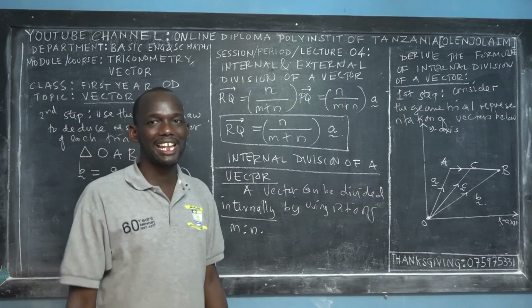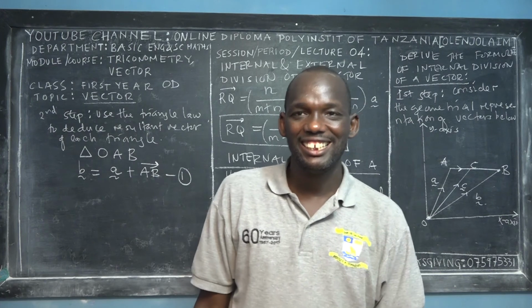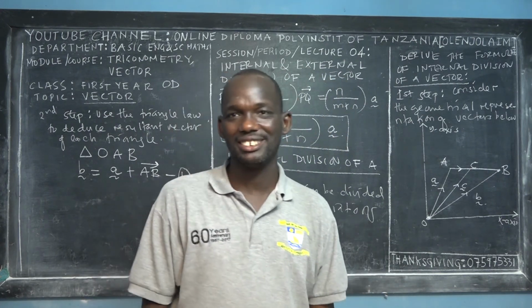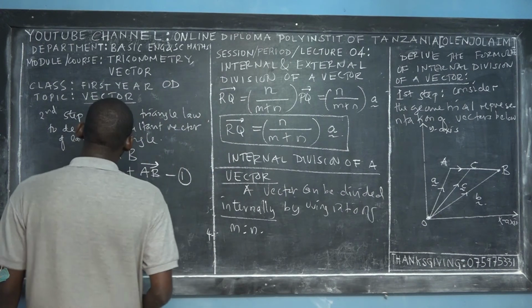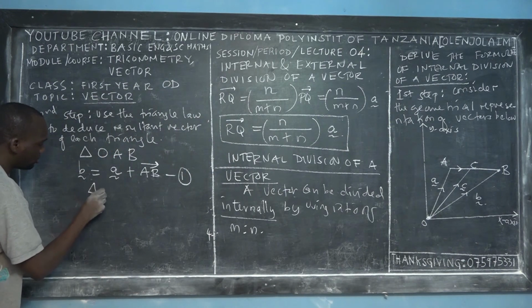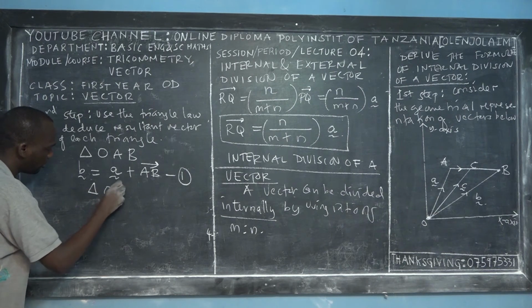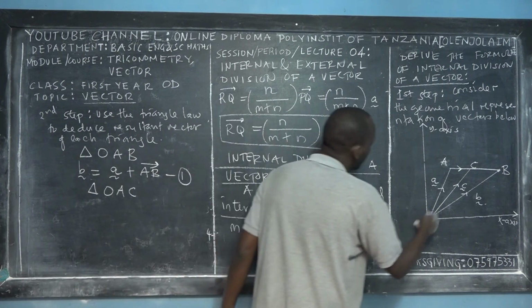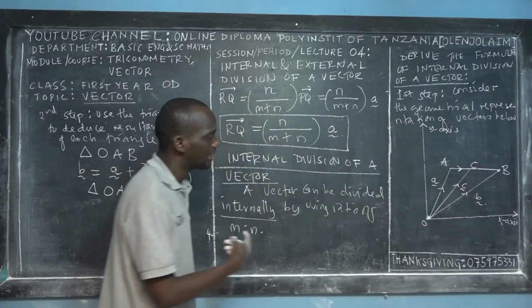So this is the first equation. It is very simple to derive the general formula for the internal division of a line. It is similar to coordinate geometry, so you have to enjoy it. Then we go for the next triangle. Let me choose triangle OAC. What is the resultant vector?